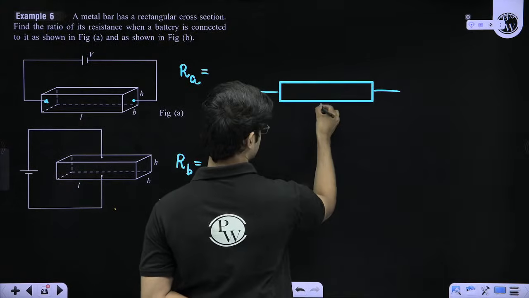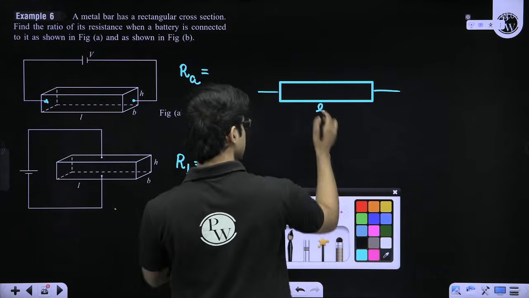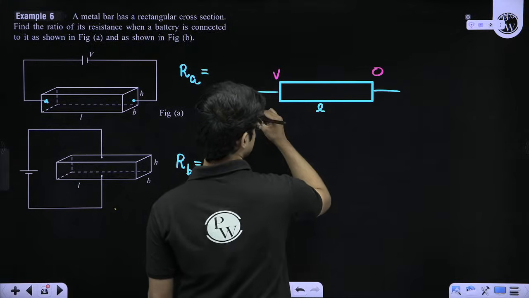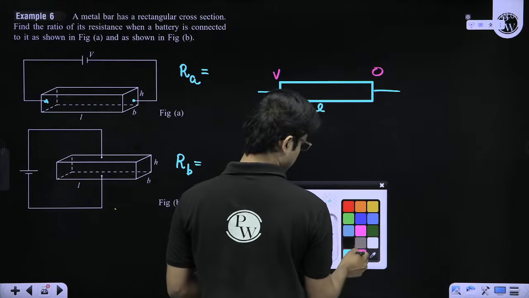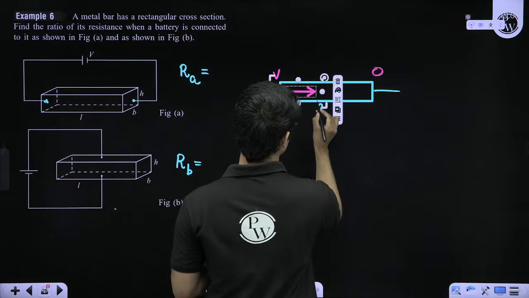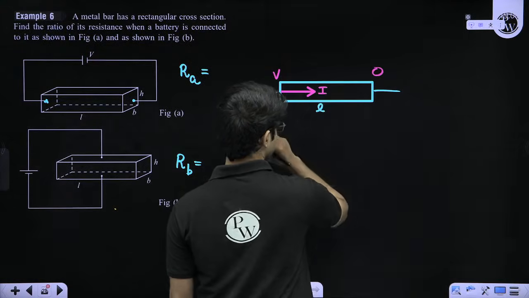This is your length L. If you connect the wire like this, the potential difference is set up like this. So here the electric field, or the current, will be along the direction of the length.